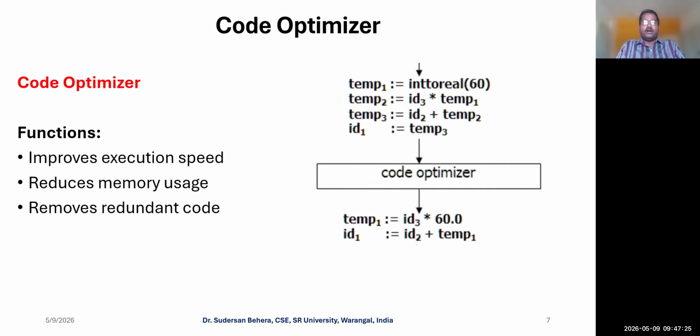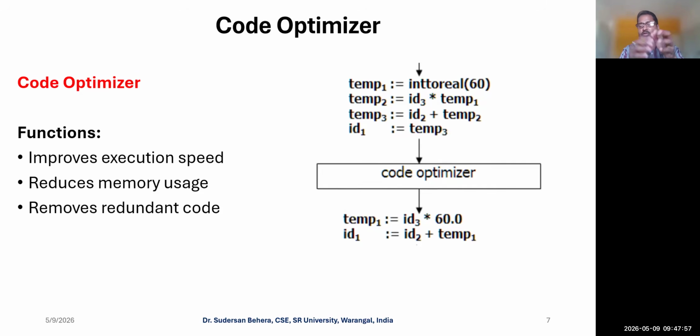Okay, now come to the same example. What output did you get? You got temp1 equals inttoreal 60, temp2 equals id3 into temp1, temp3 equals id2 plus temp2, and id1 equals temp3. This is the output of the intermediate code generator. This output now acts as input to the code optimizer. And what is the role of the code optimizer?